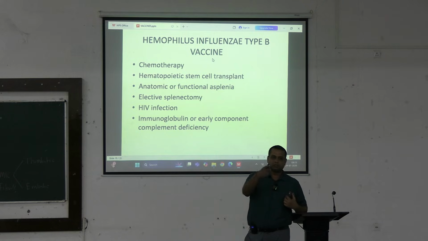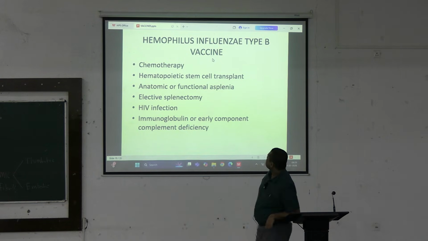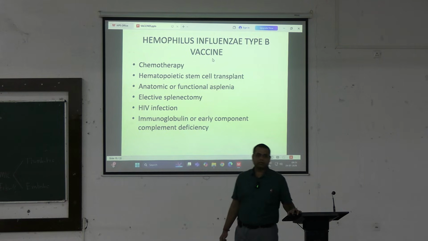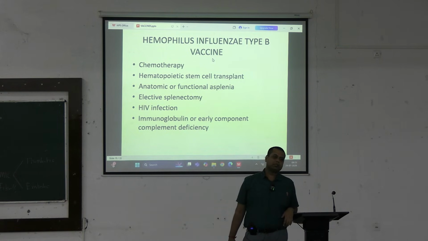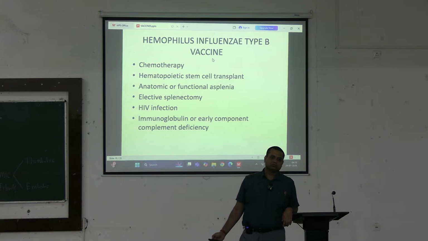The spleen is the storehouse of the immune cells, so in asplenia there is decrease in immunity. Then splenectomy, then HIV infection. In HIV infection, the subject may be susceptible to Haemophilus influenzae type B bacterial infection, so it is given.